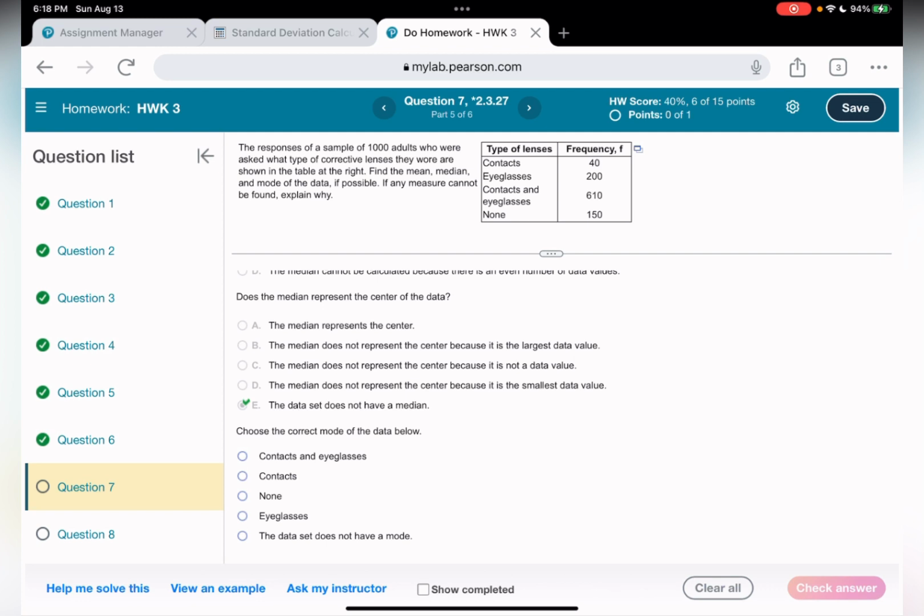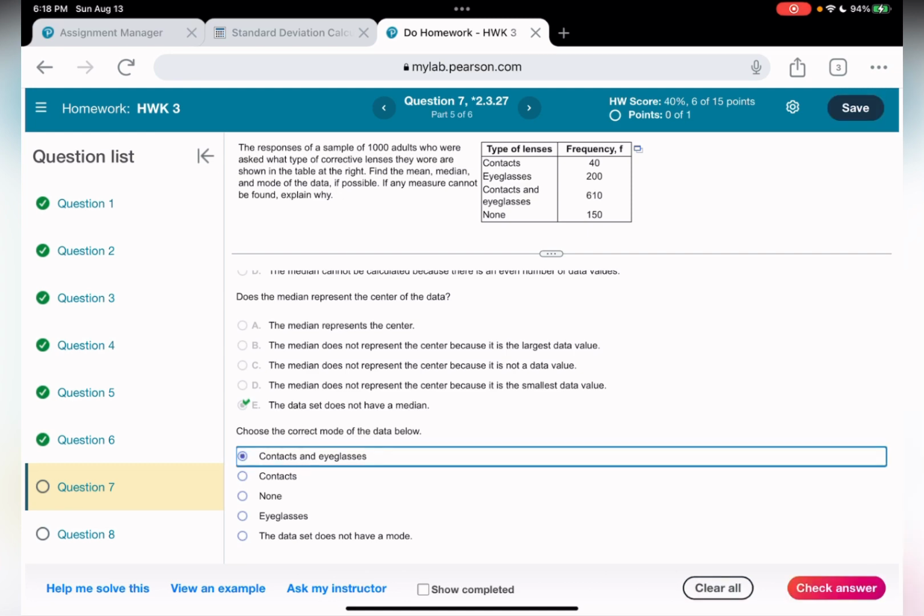And lastly, choose the correct mode of the data. So to find the mode, it's which one has the highest frequency, right? Which one is the highest frequency? That's contacts and eyeglasses, correct? 610. This one.